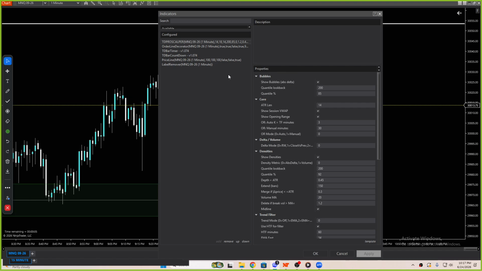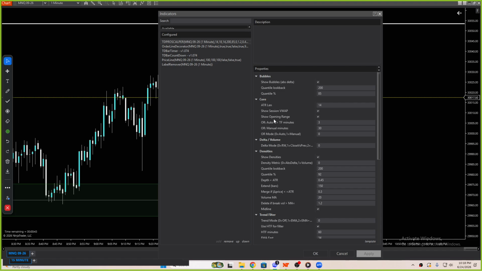Who is the aggressor here? That's what this is all about. The bubbles mark a very strong absolute delta event, whether it's buying or selling. That's usually what this means. So I check this so I can see bubbles when they pop up. Right now, we're in a market that's not really moving that much. So it is what it is, right?